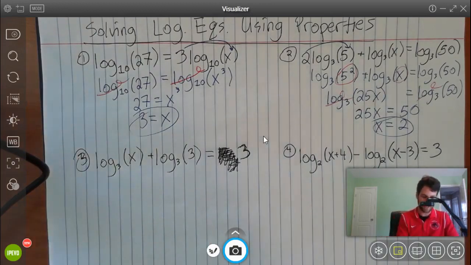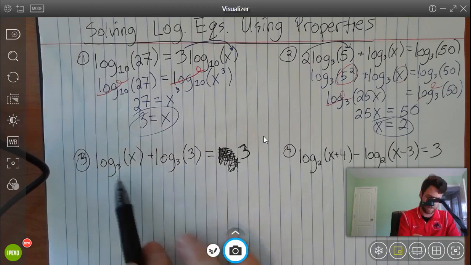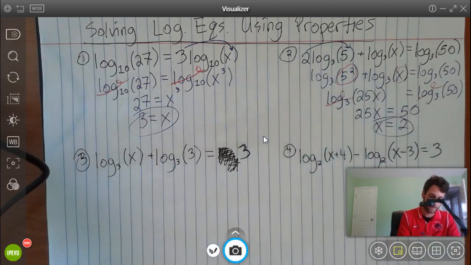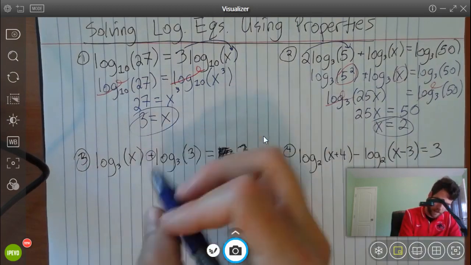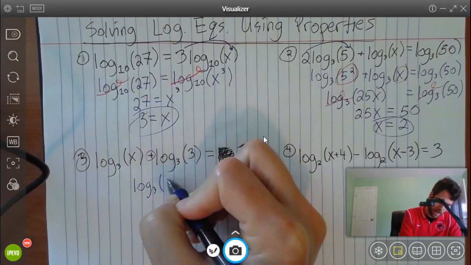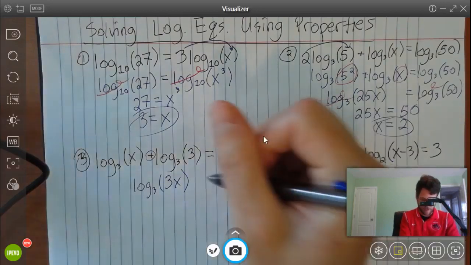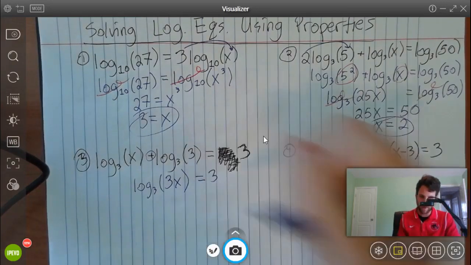So we just want to put together the two logarithms and then solve it using logarithm form to exponential form. This plus sign means that we're going to have one logarithm where they're being multiplied. 3x is what x times 3 would equal, and that's going to be equal to 3.